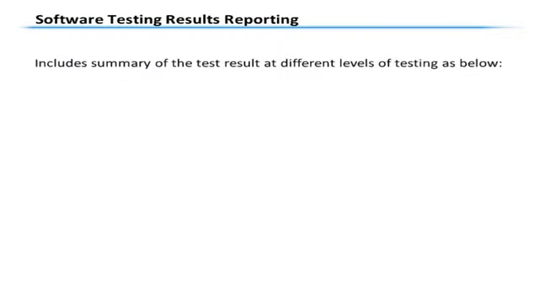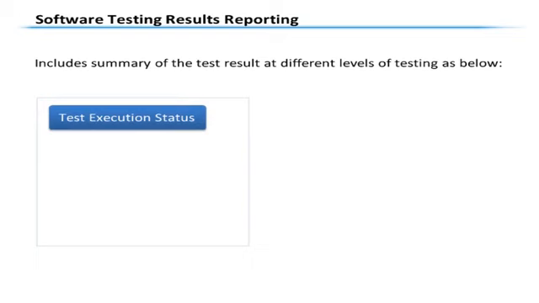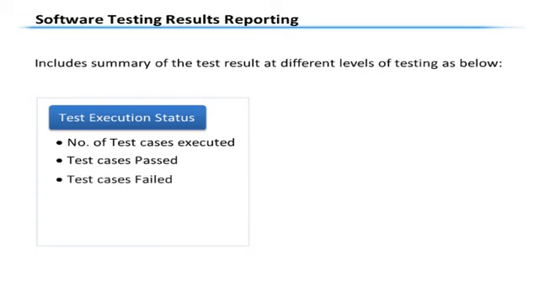The final area in software testing includes the software testing results reporting. The test result is the normal outcome of the testing process. For example, at the end of testing of an online purchase order management system, the tester is recording various aspects of the testing process, like the test execution status, the number of test cases executed, the test cases passed, the test cases failed, the defects found, the mapping of the defects with the test cases for more clarification.